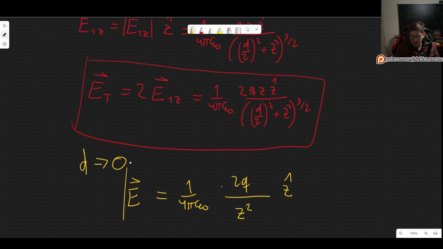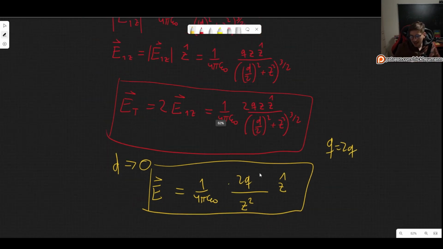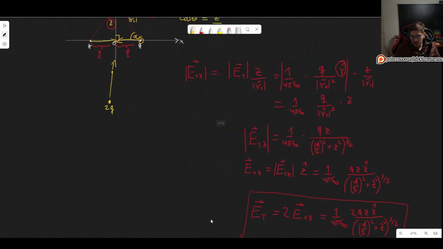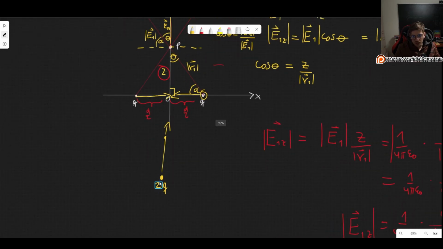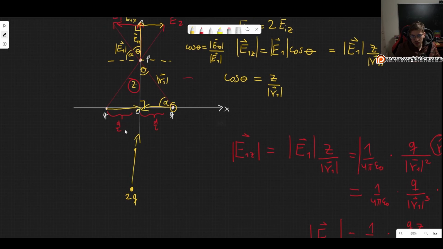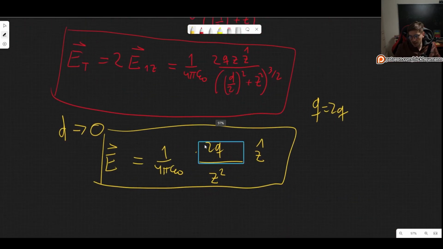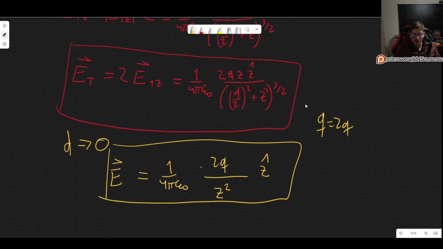And notice this. This is the electric field for a charge where Q is equal to 2Q, right? Here, Q being the usual notation that we use. And that's quite interesting, and it is precisely what we saw here, right? That's exactly what we would expect. Our situation is literally just one charge with charge 2Q, and it is the same situation that is represented right there.